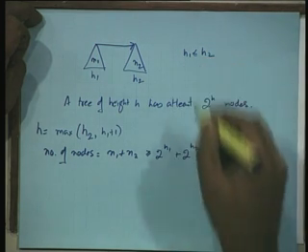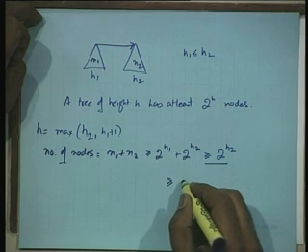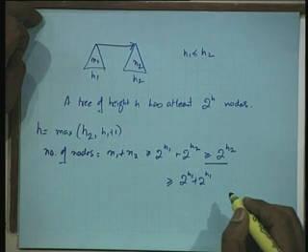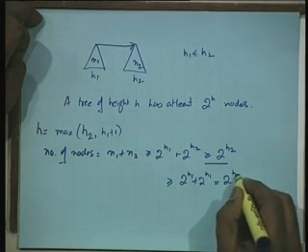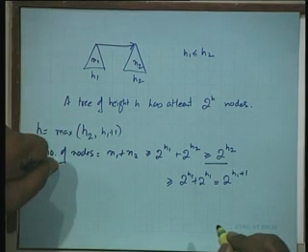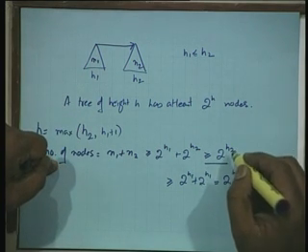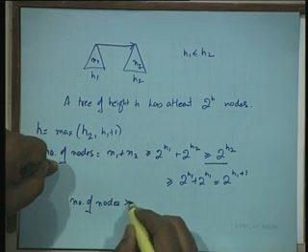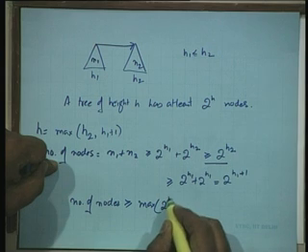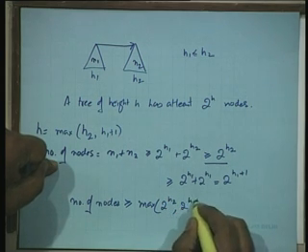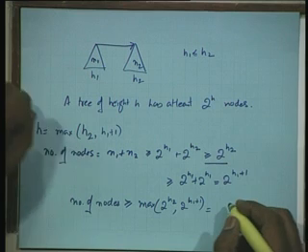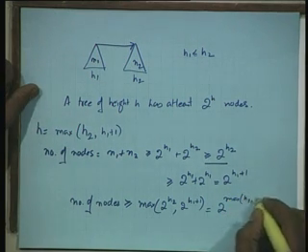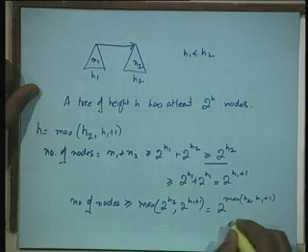And since h2 is more than h1, this is also greater than or equal to 2 to the h1 plus 2 to the h1, which is equal to 2 to the h1 plus 1. So the number of nodes is greater than or equal to max of 2 to the h2 comma 2 to the h1 plus 1. I can also write it as 2 to the max of h2 comma h1 plus 1, which is 2 to the h.